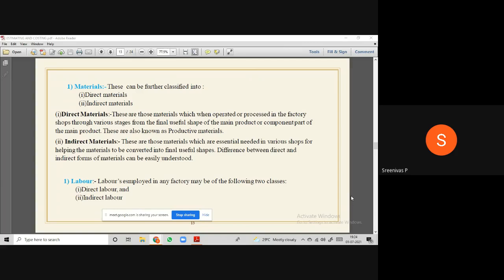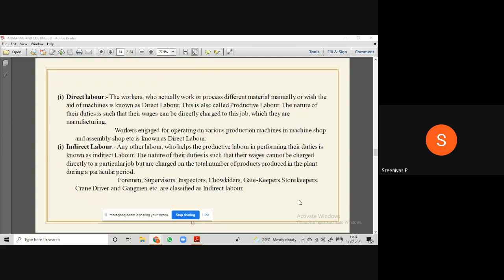So next, coming to labor cost, we have direct labor as well as indirect labor. First of all, we will see direct labor.